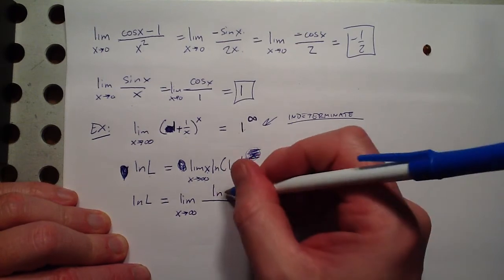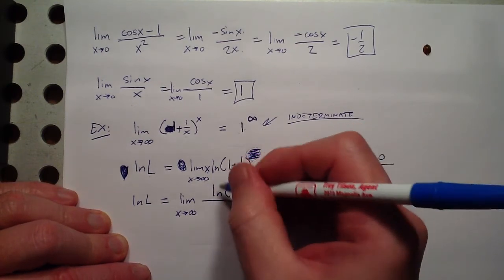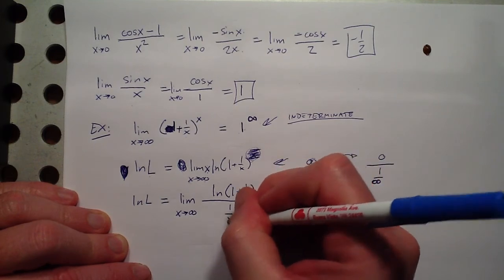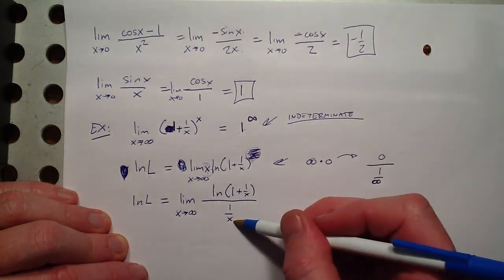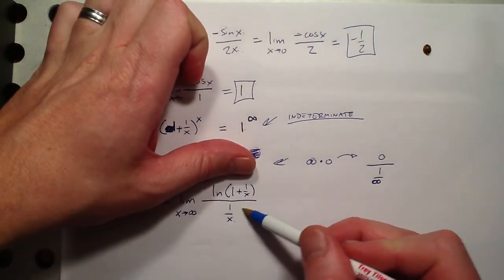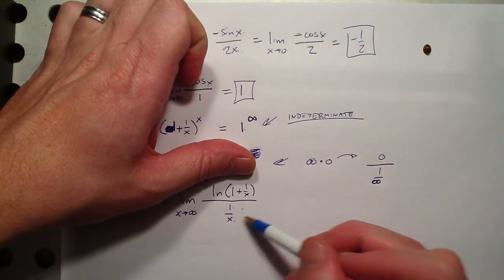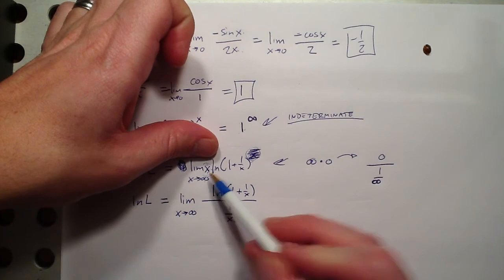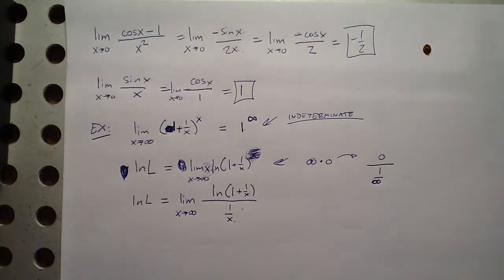That's the same as the natural log of 1 plus 1 over x over 1 over x. So I took this x and I moved it to the bottom by flipping it over. It might be easier to see how to get from here to here. Dividing by 1 over x is the same as multiplying by x, right?